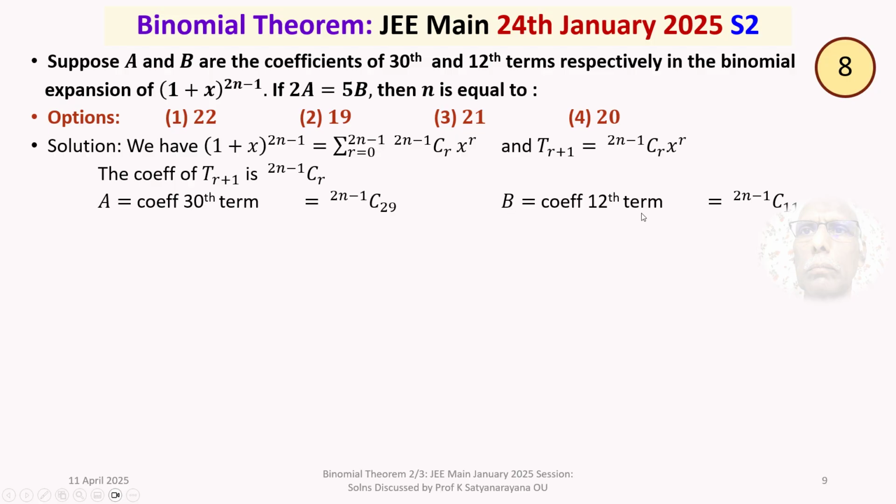B is the coefficient of the 12th term, so it will be (2n − 1)C11.